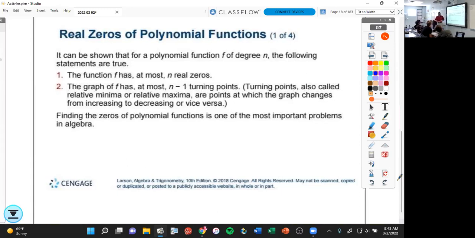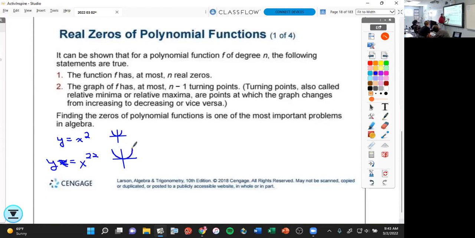It says at most. Y equals x squared looks like that. Y equals x to the 22nd looks like that. It's still only turned once. Okay.